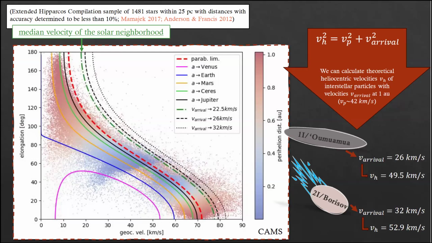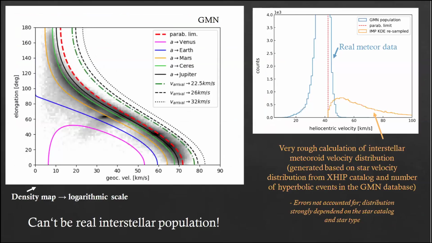It looks kind of scary to look at it this way, but you need to realize that there is really a lot of points, and the bulk of this distribution is below the parabolic limit. Let's switch the databases. Let's see what the Global Meteor Network looks like.